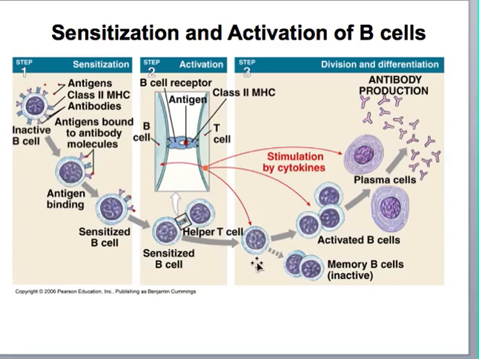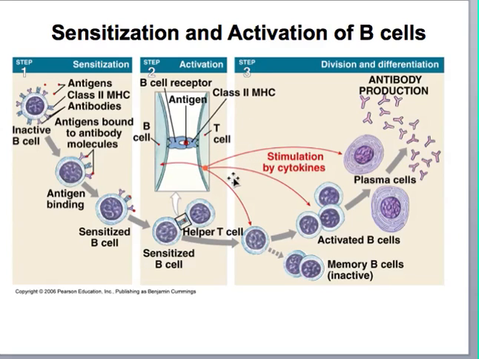So they're going to increase the helper Ts. They're going to help activate the B cells. They're going to stimulate these activated B cells to become plasma cells, and then they're also going to stimulate the plasma cells to produce lots of antibodies. So there's just lots of stimulation here.